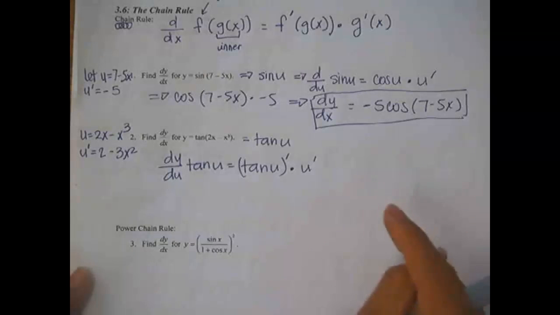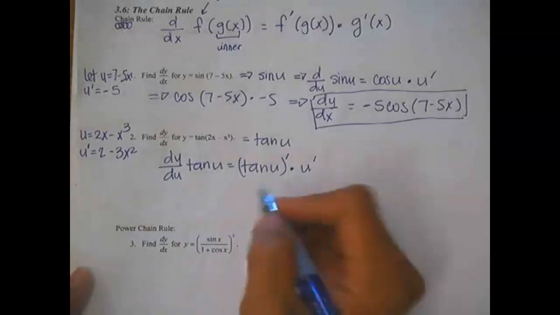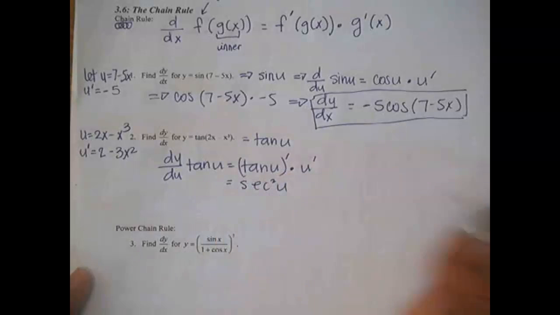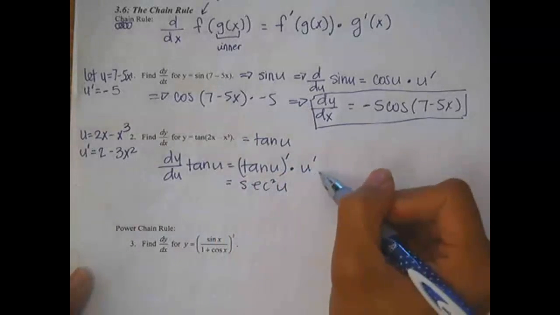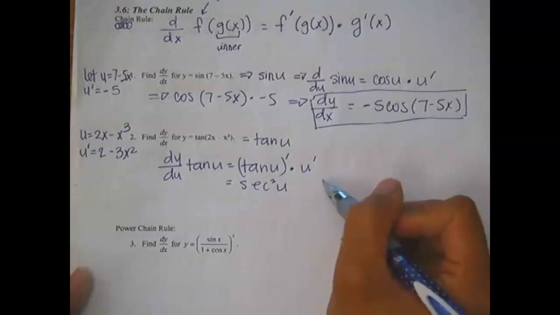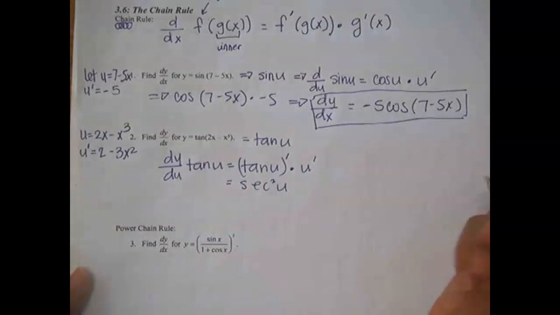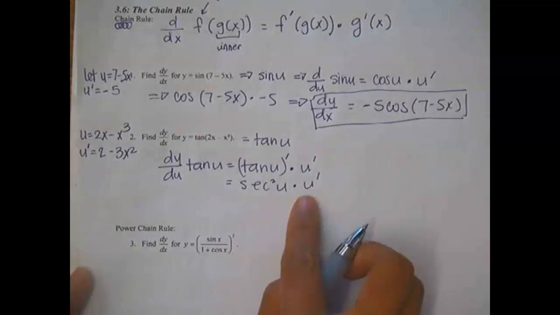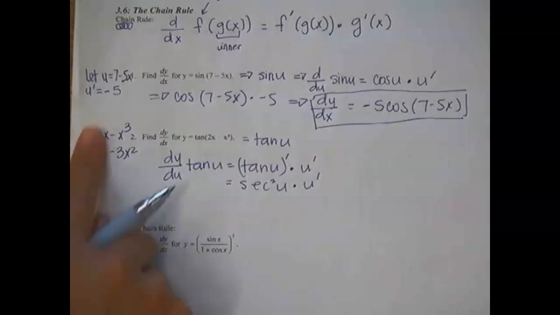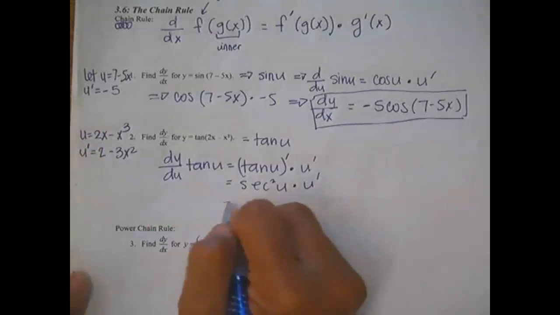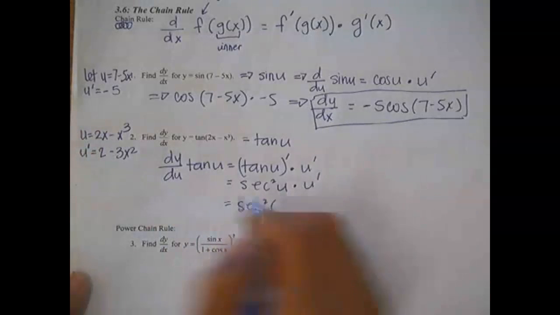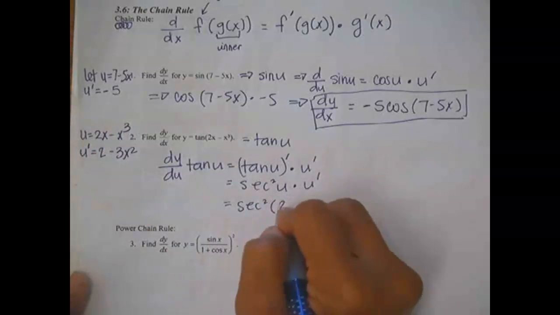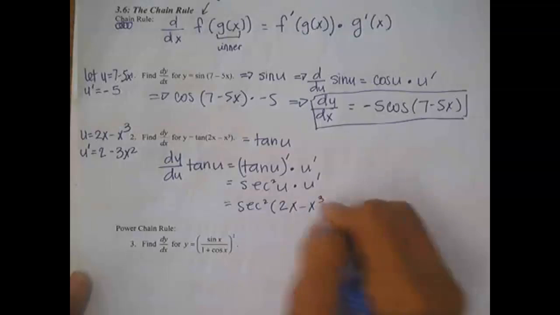Well, we should know by now the derivative of tangent is going to be secant squared of u. Well, again, u prime with respect to u is still just going to be u prime. Okay? So from here, we can definitely now substitute in the u and the u prime. So secant squared of 2x minus x to the third, because that's my u. Okay?